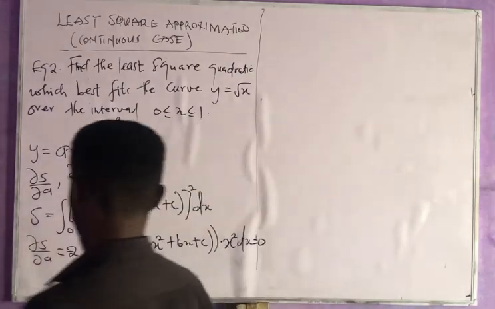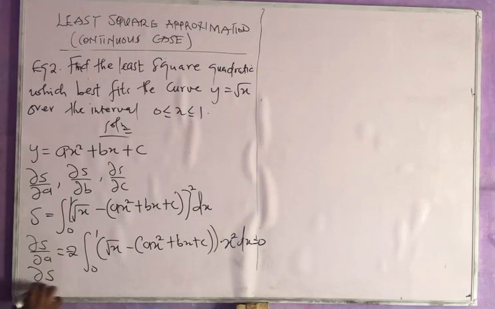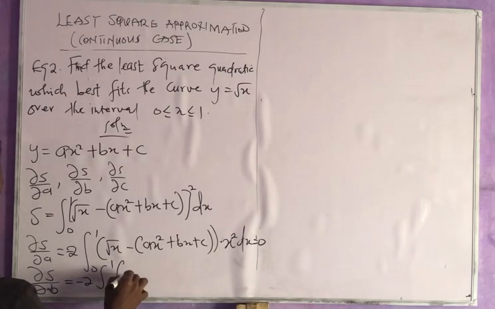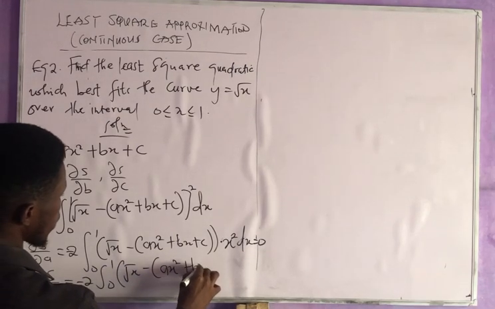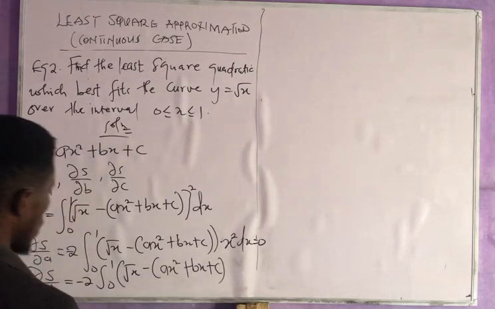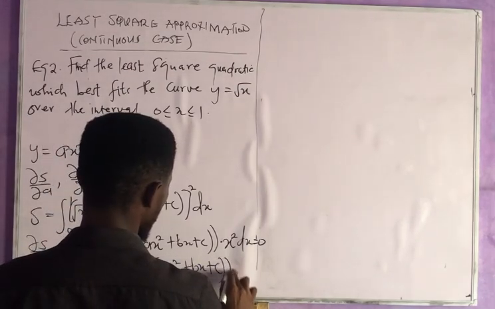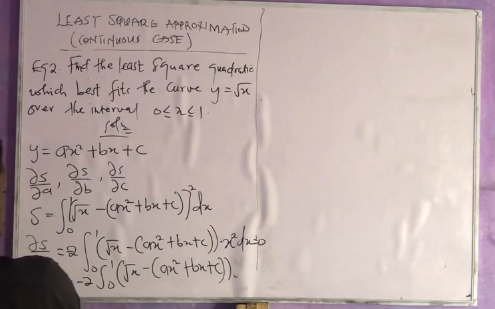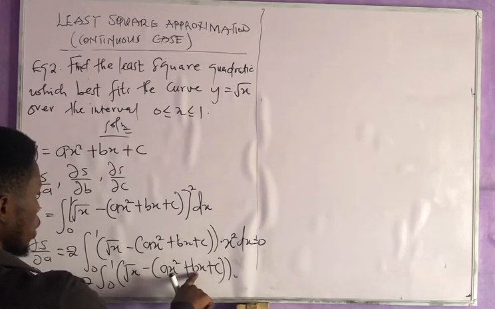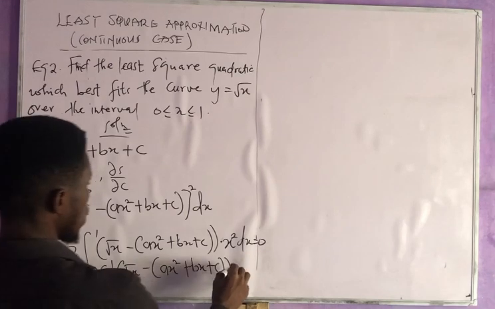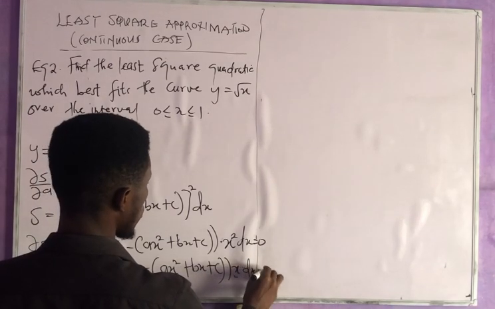And you are saying this is equal to what? 0. Now let's also look at b. So partially with b, negative 2 is coming out from 0 to 1, repeating whatever that is here, minus ax squared plus bx plus c. Is that okay? Then here I'm considering the b, so root x will be constant, a will be constant, c will be constant, so only this. If I differentiate b, I'll get 1 times x is x dx equals 0.